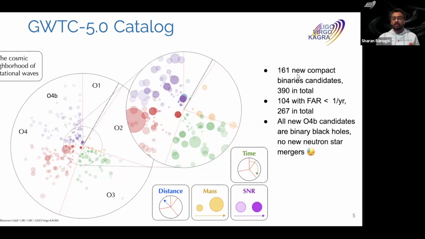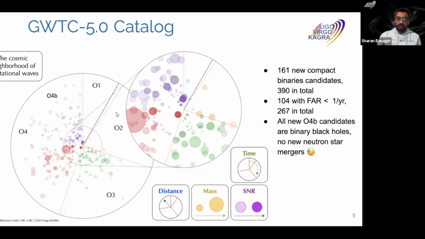If we use a more stringent false alarm cut of 1 per year, this gives us 104 new candidates in O4b, and the total number of candidates from O1, which passed this more stringent false alarm cut, is 267. All of the new candidates in O4b, so all of these purple candidates, are binary black hole mergers, and we do not have any new neutron star containing mergers.